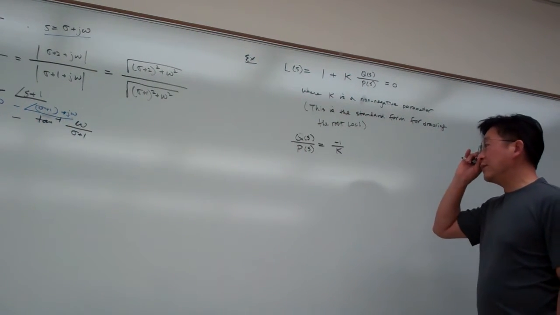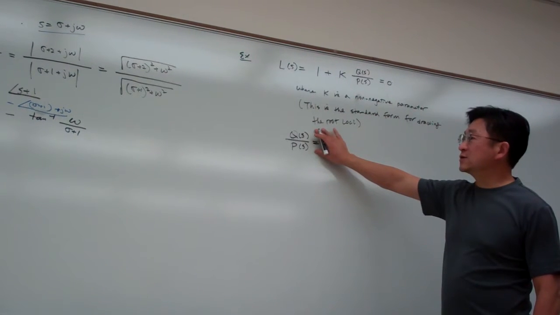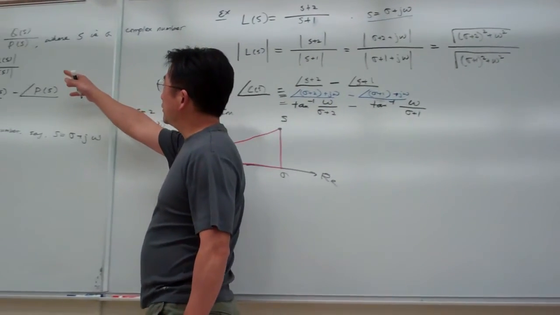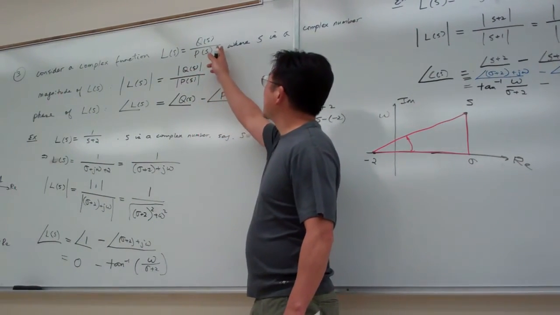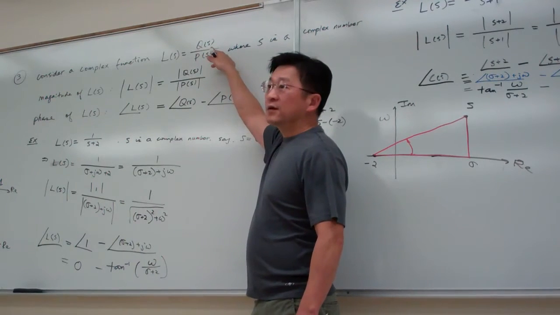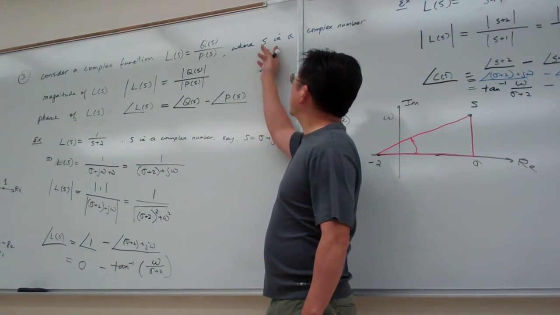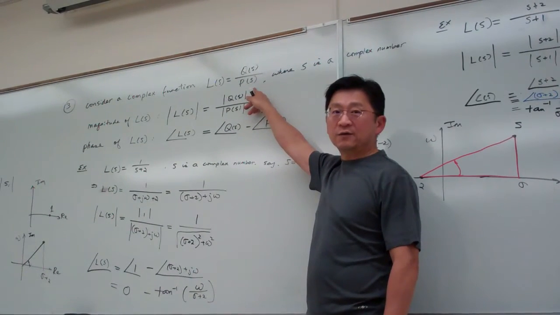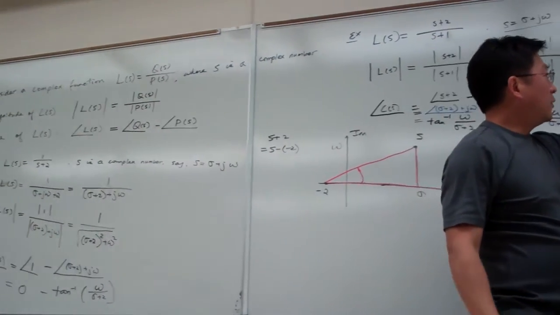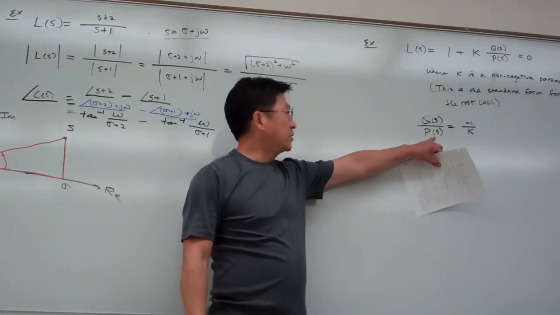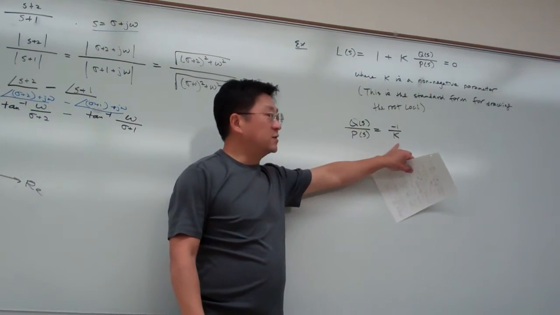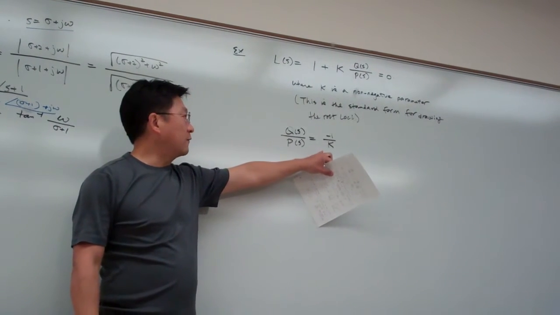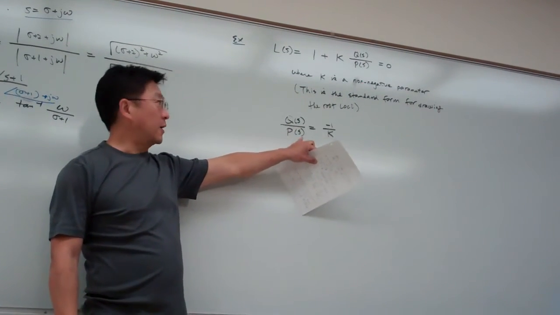And this complex function, Q over P, is so special. From the beginning, when we introduce a complex function like this, the function can be evaluated at any value of s. For whatever s we plug in, we can calculate the corresponding values, the magnitude and phase angle. For this example, we have to find the particular values of s that make this equation satisfied. So, for example, say if I give you a k value, how can you find the s?